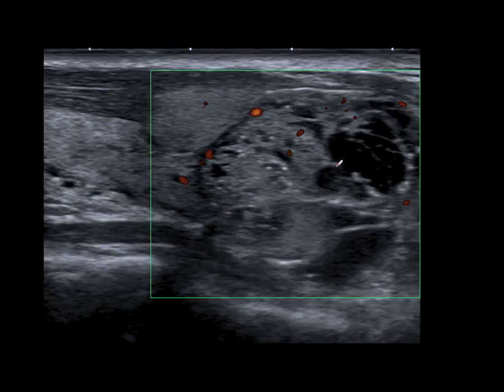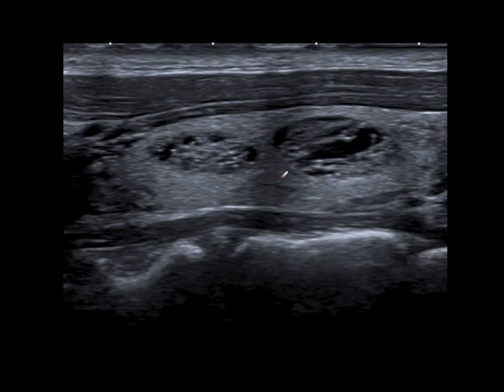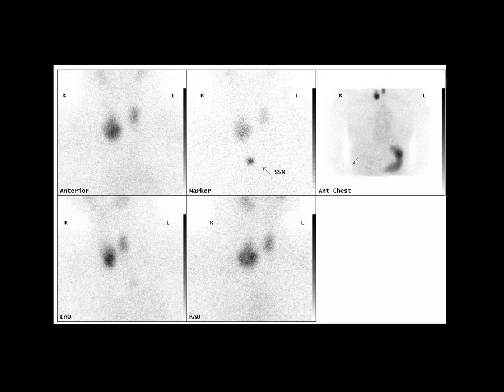Next patient, right side, an irregular solid and cystic nodule in the right lobe, I think. Here, I think this is our left lobe, a couple of smaller nodules. So this is a multinodular goiter. Same question from the clinician. Here's our scan, and we've got uptake on the right, and clearly that nodule we saw on the right is quite large.